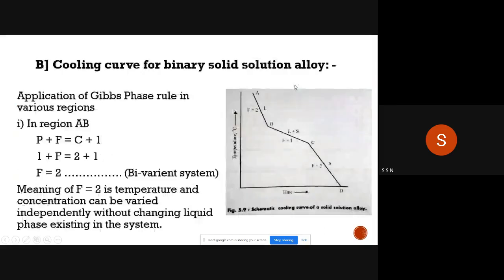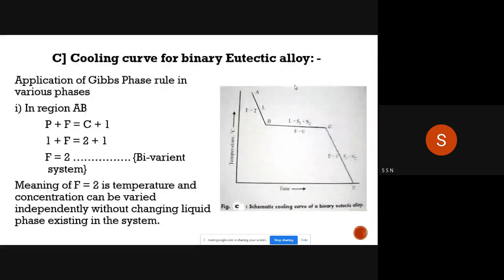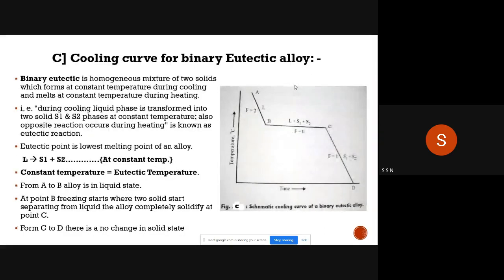But for a binary eutectic alloy, two solids will be there at a constant temperature. While cooling, you will get liquid phase, also solid phase, but in that solid phase you will get two different solid phases, that is S1 and S2.